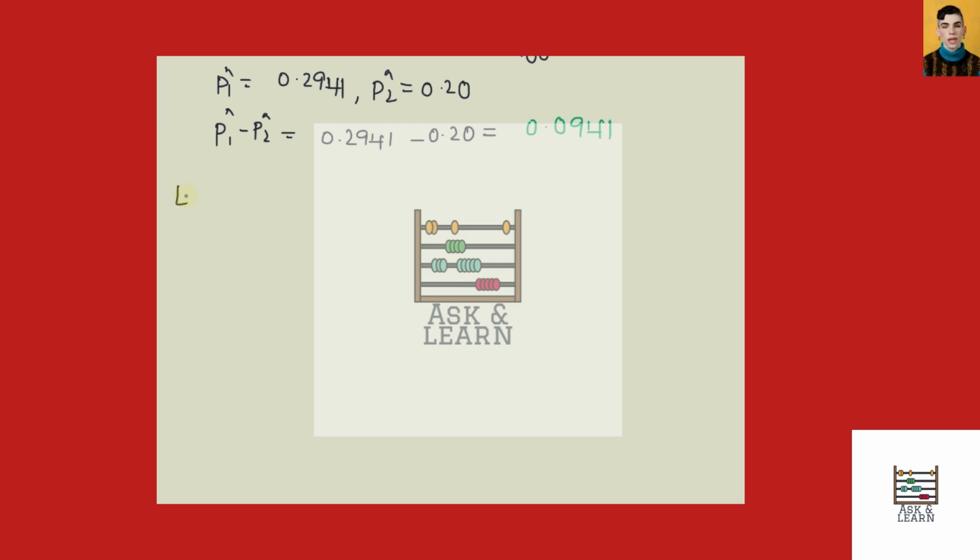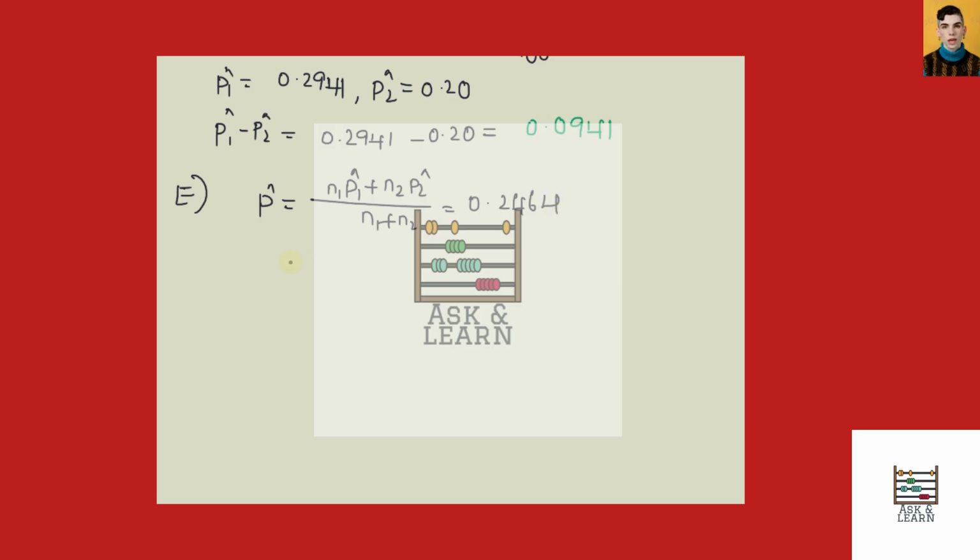Now in the E bit we have to construct the Z value. So in the E bit, according to above formula, by substituting, the P cap value is N1 into P1 cap plus N2 into P2 cap divided by N1 plus N2. By substituting we get 0.2464.